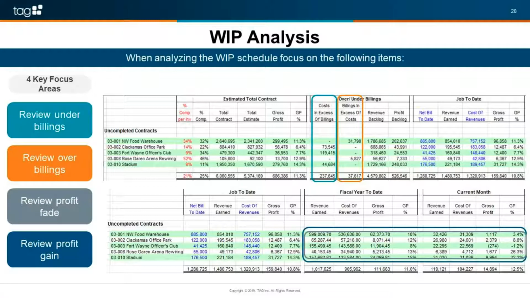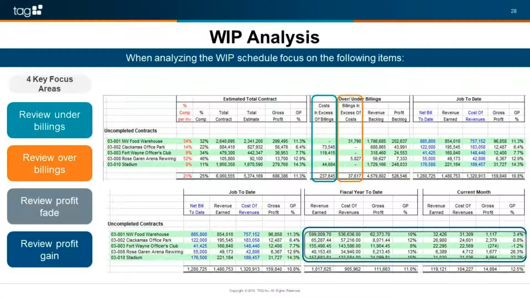Okay, so now how do you analyze your WIP schedule? So there's a couple items that I really recommend focusing on. It's reviewing your underbillings, reviewing your overbillings, reviewing your profit and seeing if there's any profit fade or any profit gain as well. So in this example, I've shown all of those different areas.